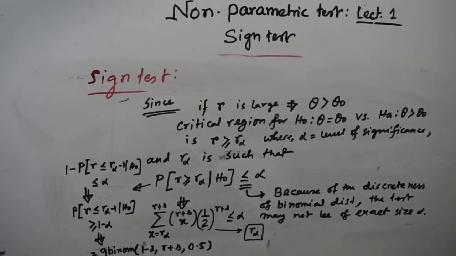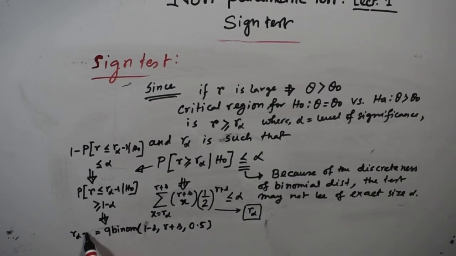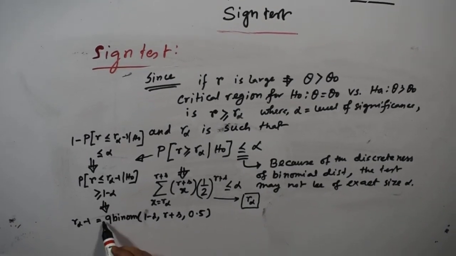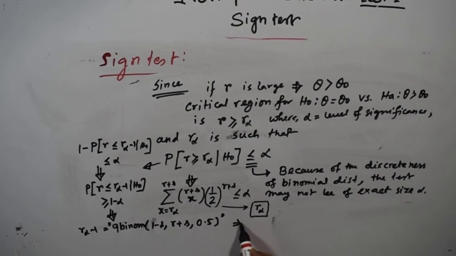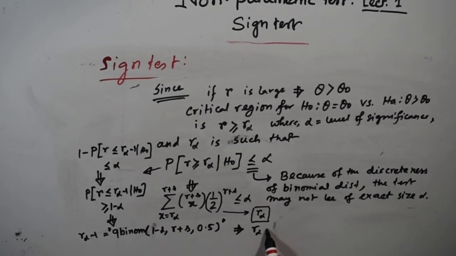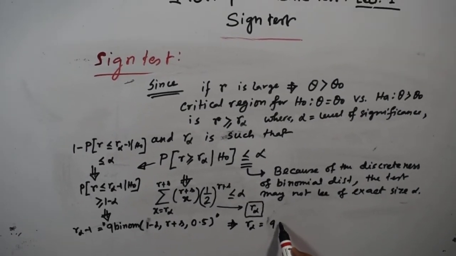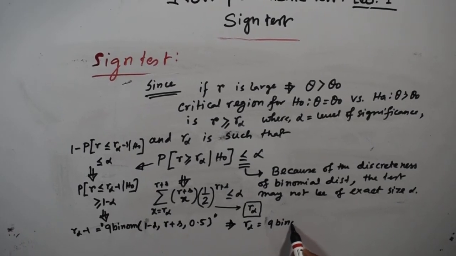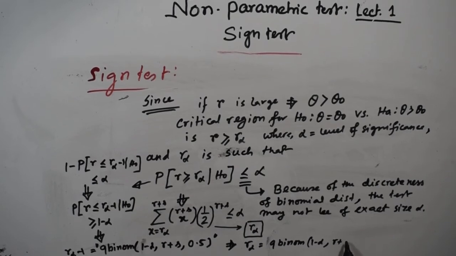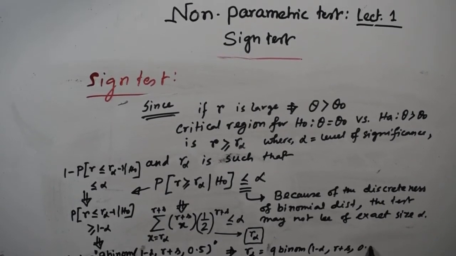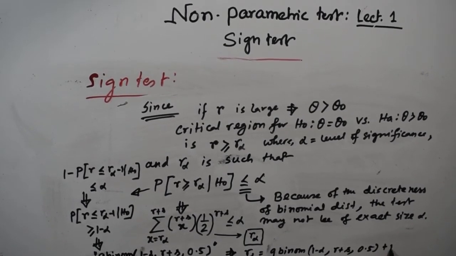This gives r alpha minus 1, and then you find r alpha as q binom (1 minus alpha, r plus s, 0.5) plus 1.